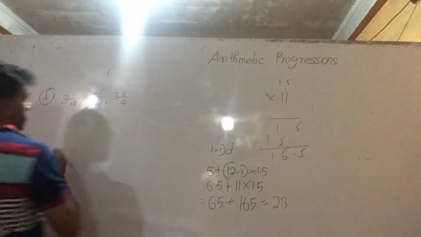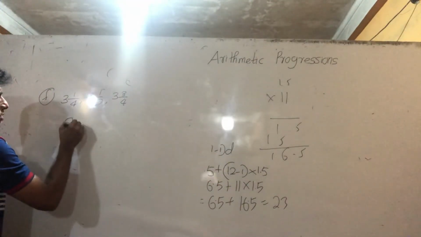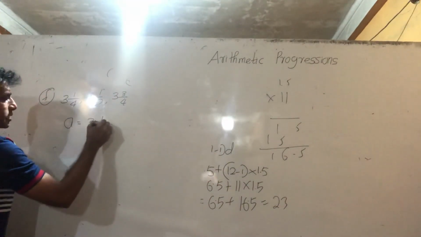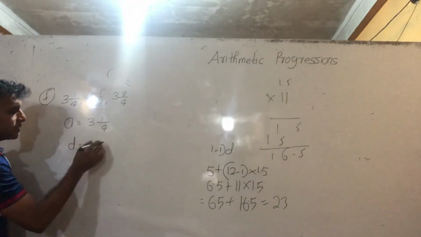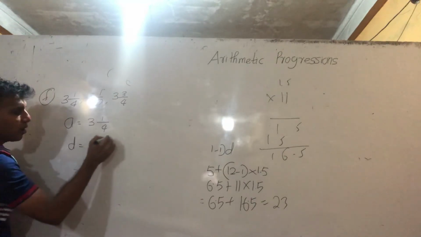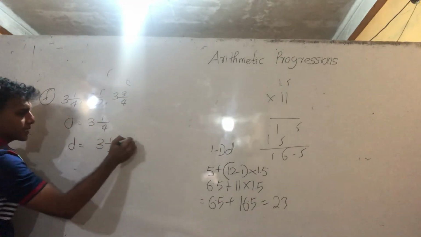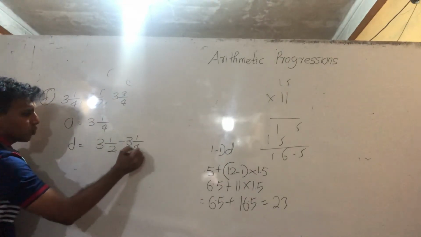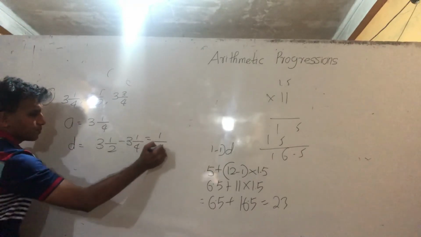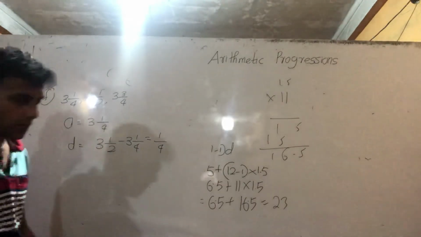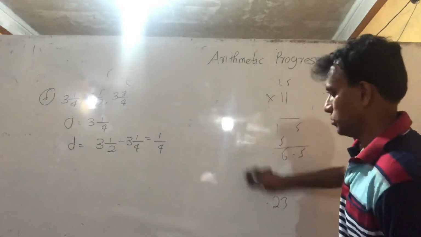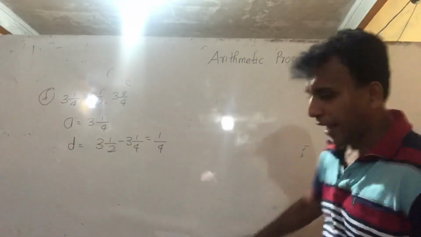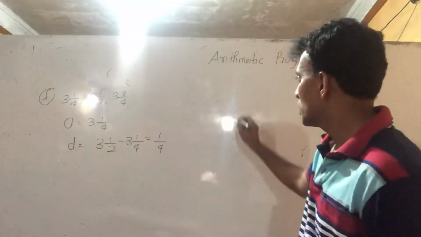So what is that? First term is 3/4. Common difference is 3/2, 3.5 subtract 3/4, no doubt, a quarter. Now write the nth term formula.